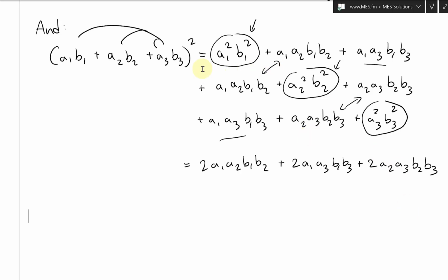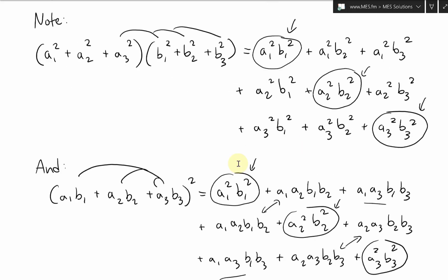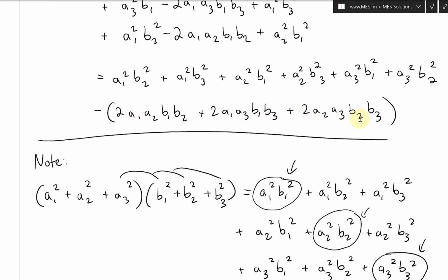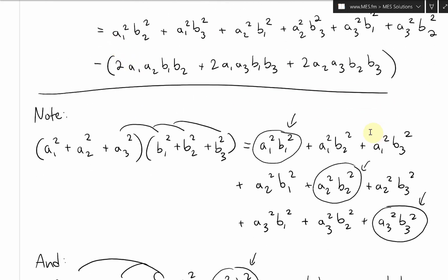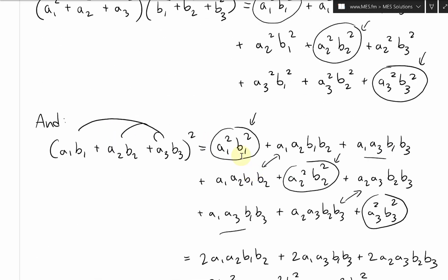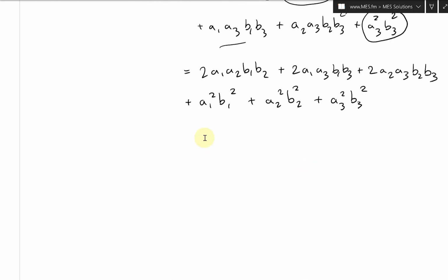And then likewise, over here, it's going to be a1 squared b1 squared, plus a2 squared b2 squared, plus a3 squared b3 squared. So we have this part right here when we combine these two, but then these all cancel. So thus, I'll put these all together.